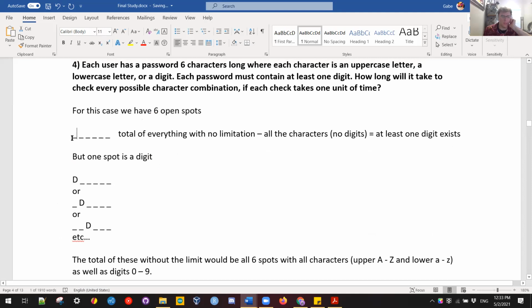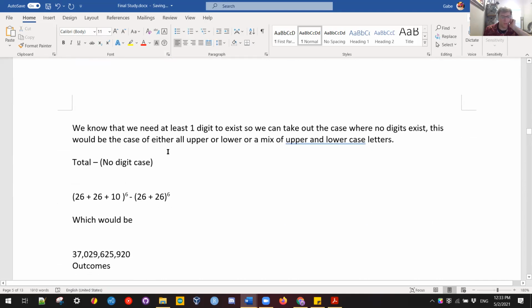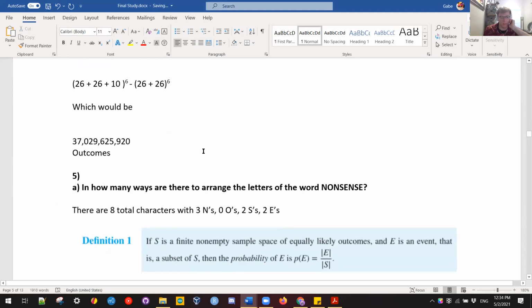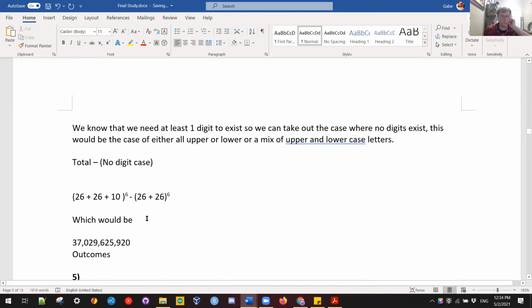Because each position could be lowercase, uppercase, or a digit, and there are 6 of them. And then minus the no-digit case, which is the same thing but without the digits, (26 + 26) to the 6th. It's a massive number. Yeah, huge. And so that's pretty simple.